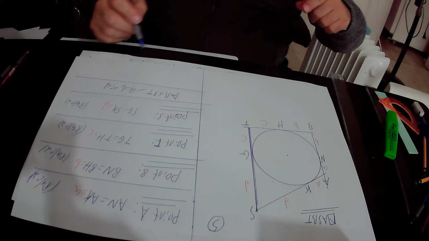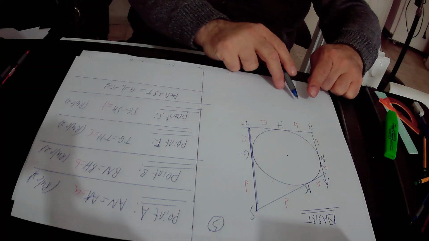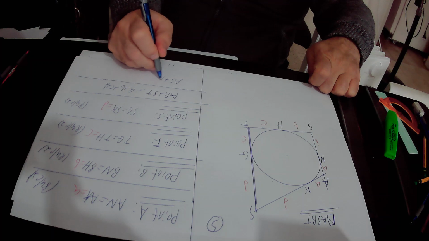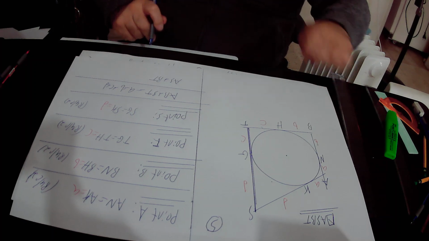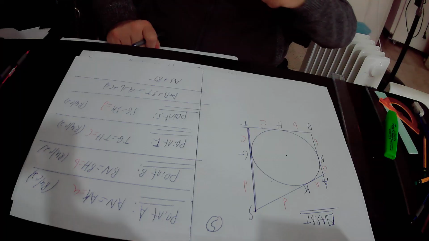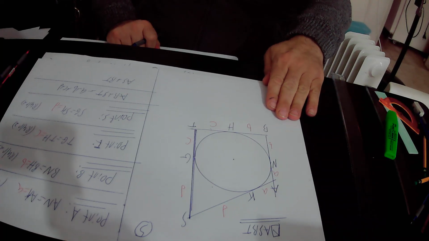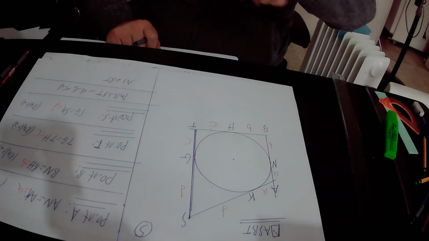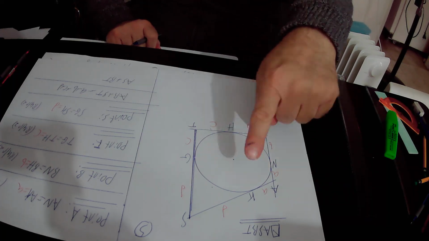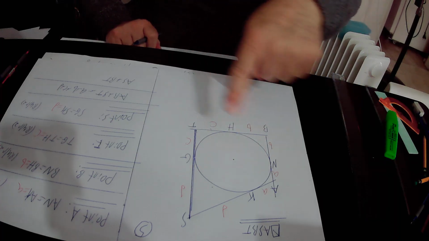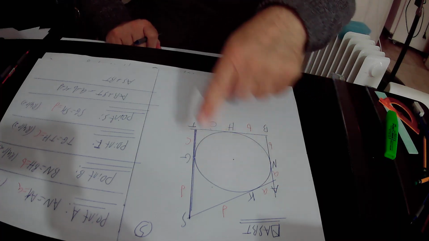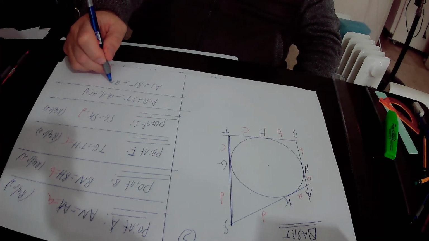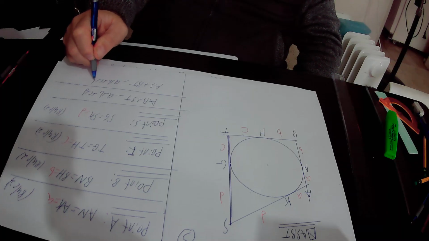Likewise, we'll join side AS to side BT. From the drawing, it is very easy to see that AS plus BT in total equals A plus B plus C plus D. Again, AS plus BT equals A plus B plus C plus D. So write it down.